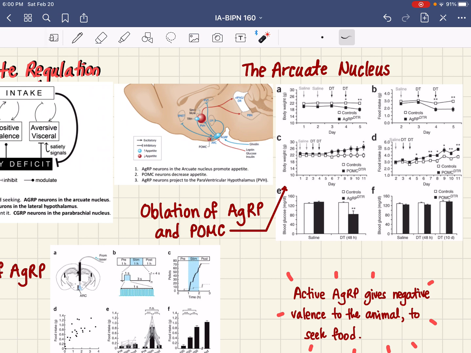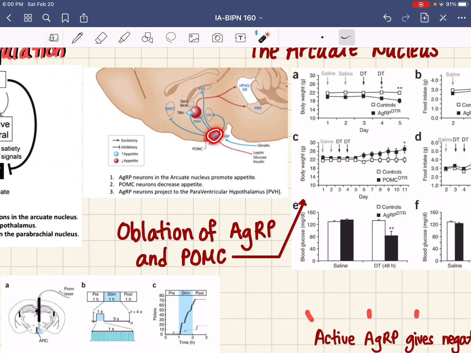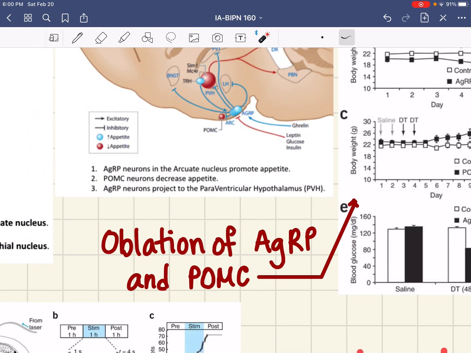So the arcuate nucleus is right here, and some key things that you should know about it is it contains 2 types of neurons. It contains AGRP neurons and POMC neurons. AGRP neurons promote appetite, they promote you wanting to eat food, and POMC neurons decrease appetite.